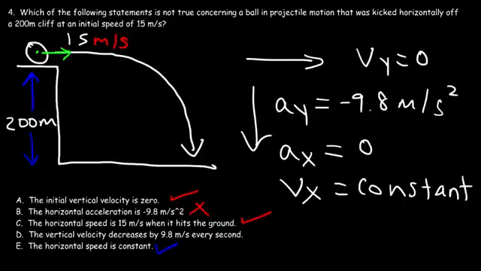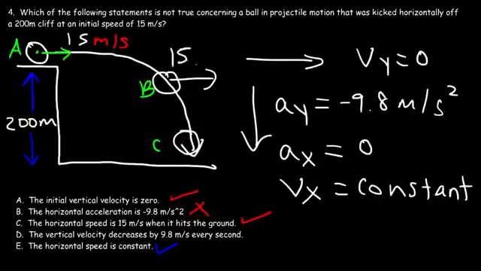So let's call this point A, point B, and point C. Because Vx is constant, everywhere along this trajectory, the horizontal speed will be 15 meters per second. That's not going to change. Anytime the acceleration is 0, the velocity will be constant. And so the horizontal speed is always 15 meters per second everywhere along this curve.